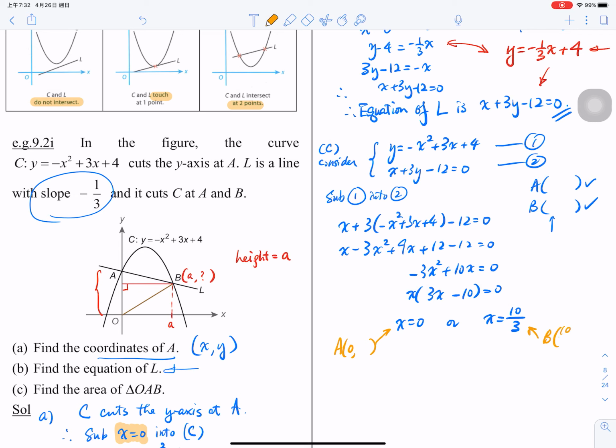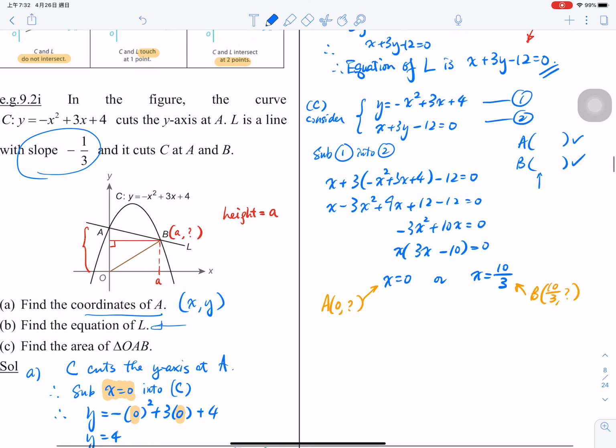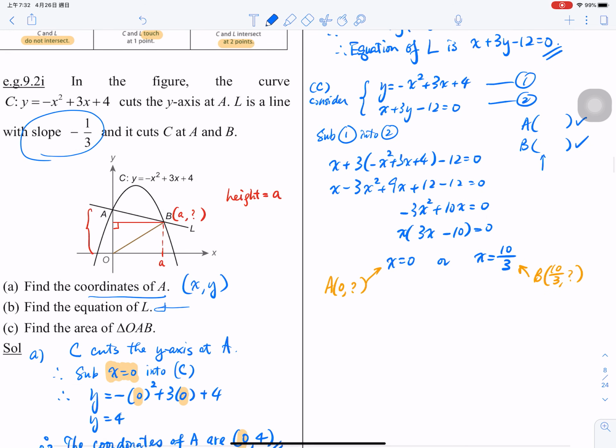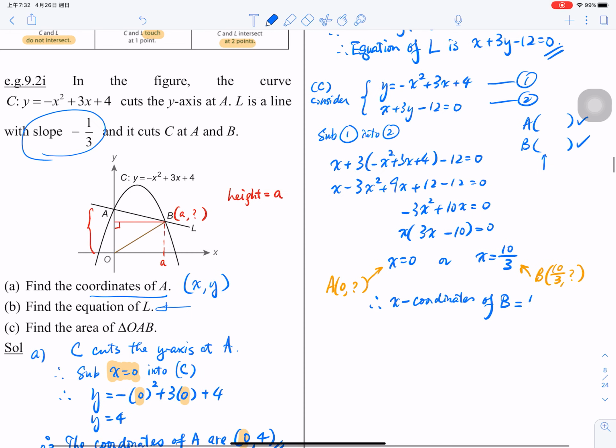Yeah, this one is the x coordinate of B. Even though we haven't found the value of y, we have already found the x coordinates of the intersecting points. Therefore, the x coordinate of B equals to 10 over 3, right?